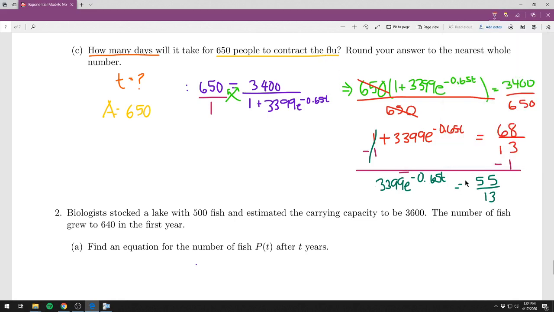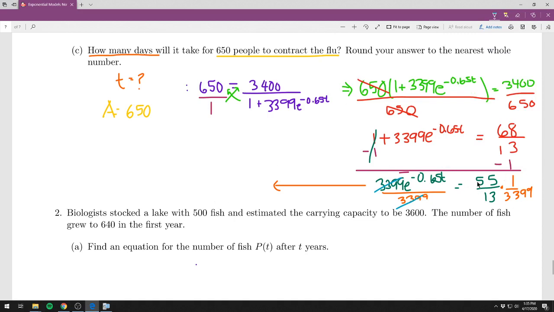Right. Now we've got the part with e by itself. We just have to get rid of the 3399. Now we divide by the 3399. And just to make it a little easier to write, we can think about multiplying by 1 on the top, which we don't really write, and 3399 on the bottom over here. That way it's not a fraction inside a fraction. So those cancel out.